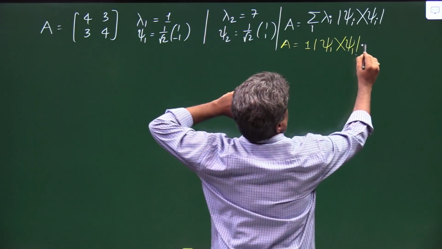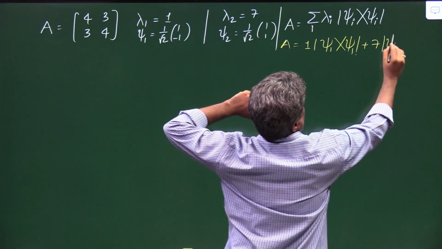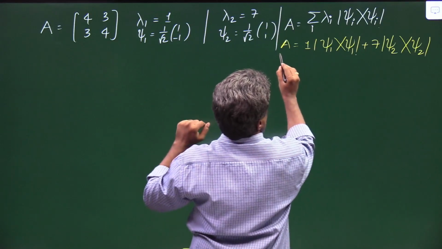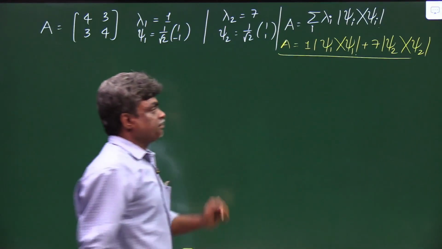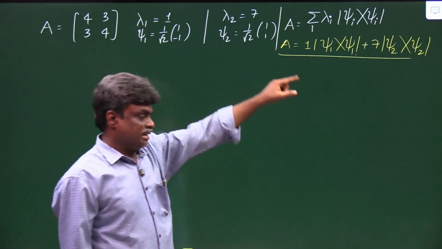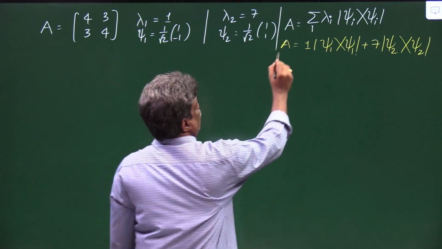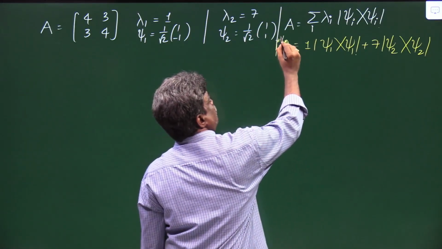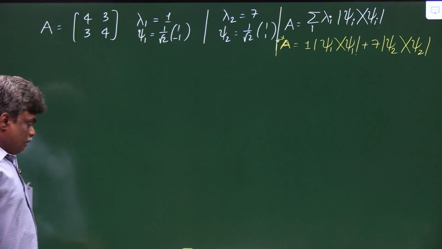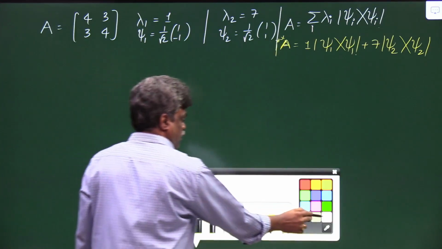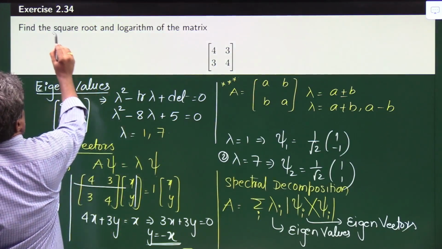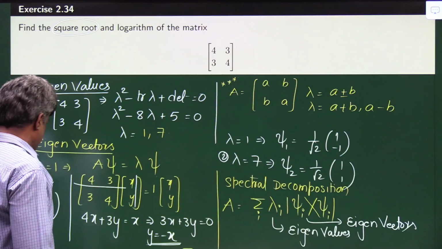Next eigenvalue is 7, and outer product psi 2. So please remember this is very crucial. That is our given matrix representation in the outer product form. Fine. Now let us come back to this required thing. So what he is asking is the square root of that matrix.